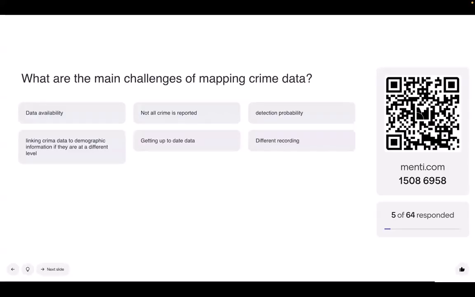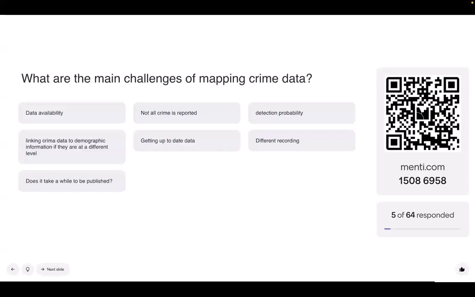Getting up-to-date data, absolutely. We know exactly what it's like, but processing real data can be really challenging. For example, in the UK police data set that we're using, we're only using data from, I think, 2024, because I couldn't get access to the 2025 data because it just hasn't been uploaded yet.